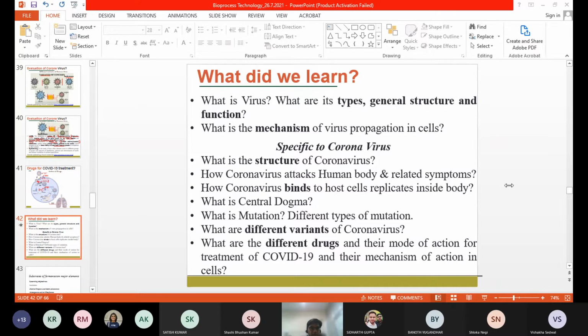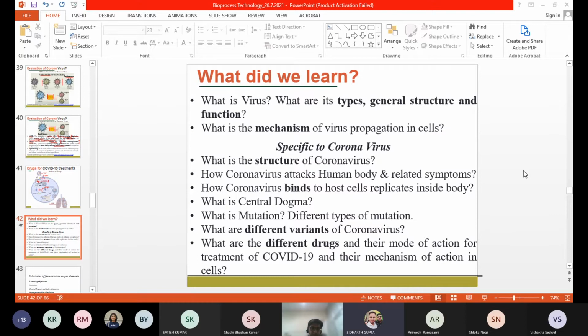It's a long polymer, tightly packed central particle. Animesh, tell. It's a long RNA polymer. It's a tightly packed RNA polymer. So if you were asked what the structure of a coronavirus is, the RNA is one of the components, but what are the other components? Why is it called the corona?